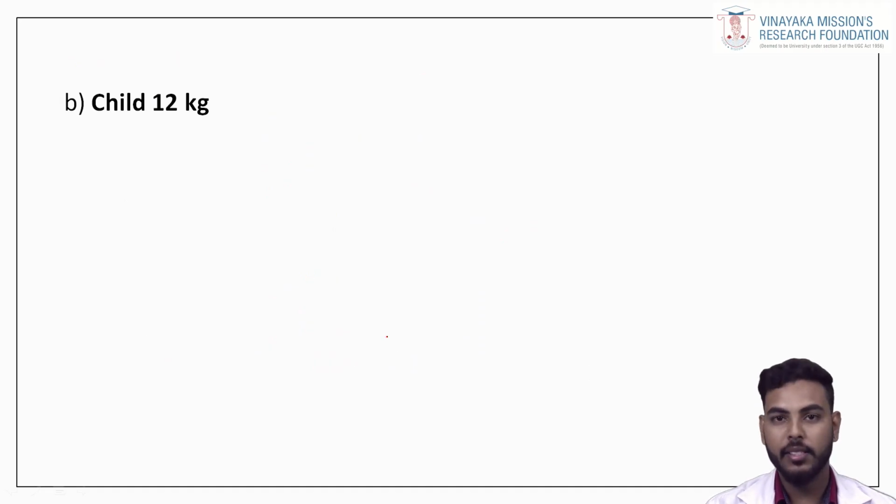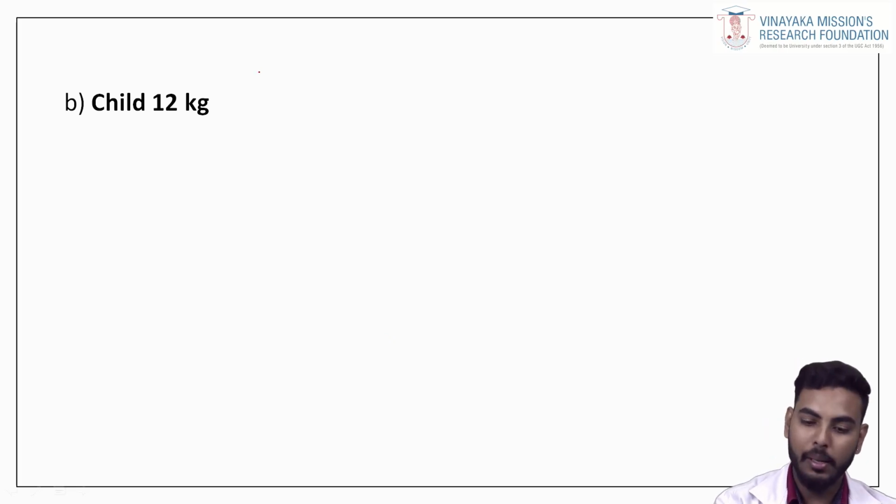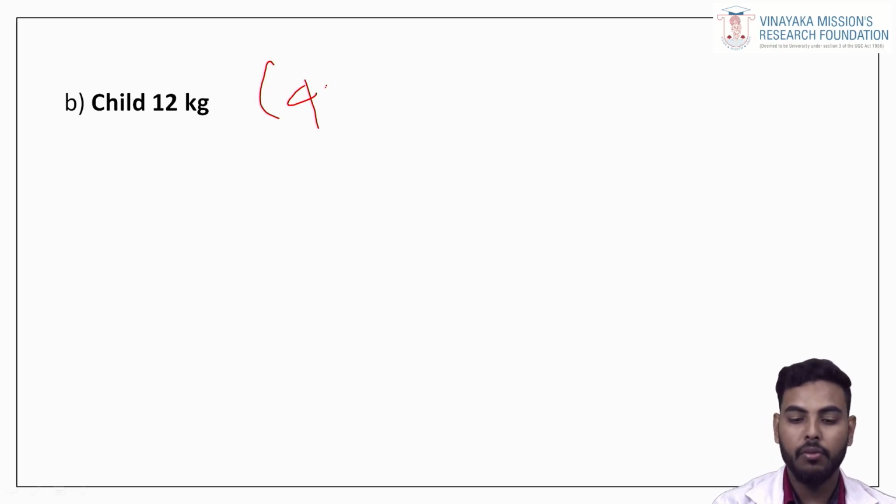If you want to calculate for a child, okay, now we have calculated for a 70 kg patient. When there is a child coming, a 12 kg patient, how to maintain? We don't have any new formula, we will be following the same formula 4:2:1. For the first 10 kg we will be multiplying with 4, that is 40 ml per hour.